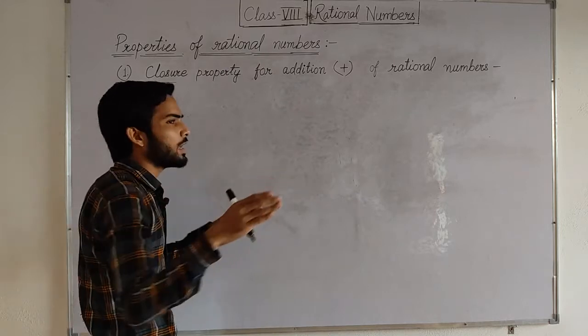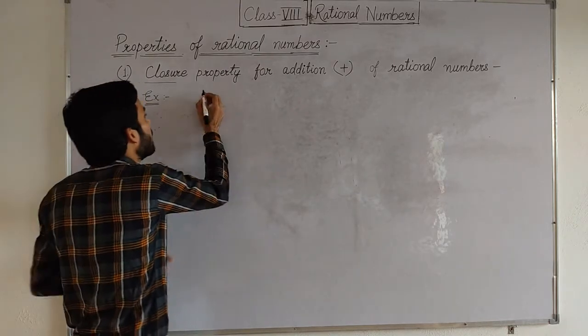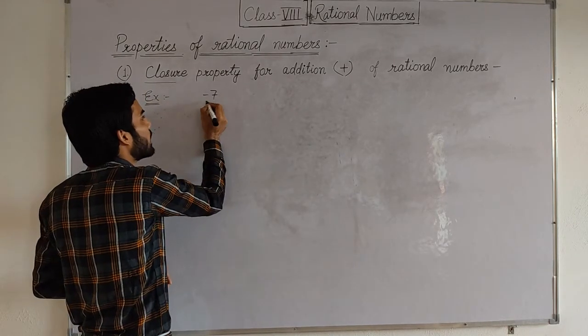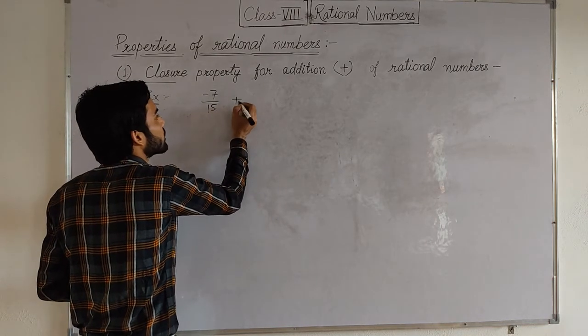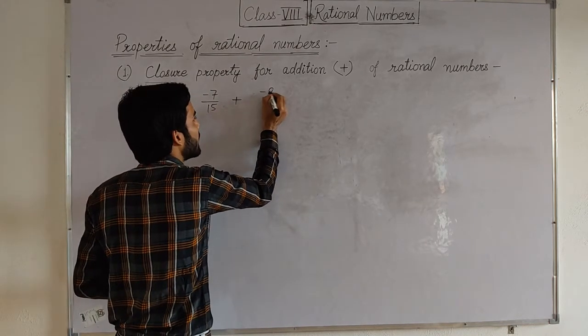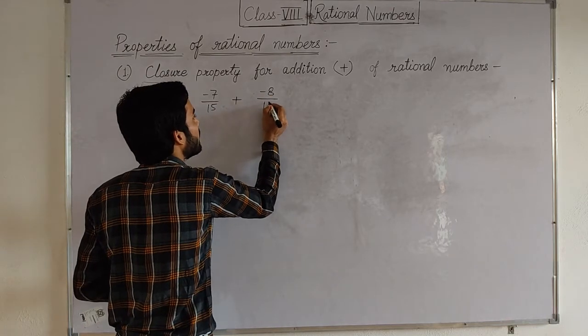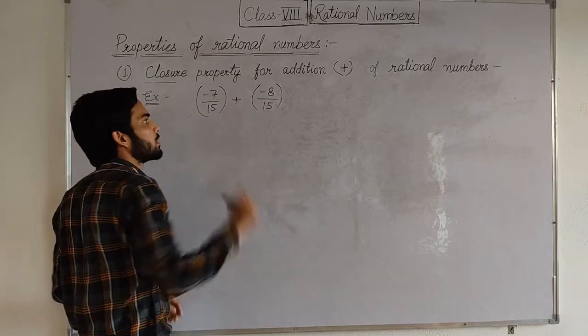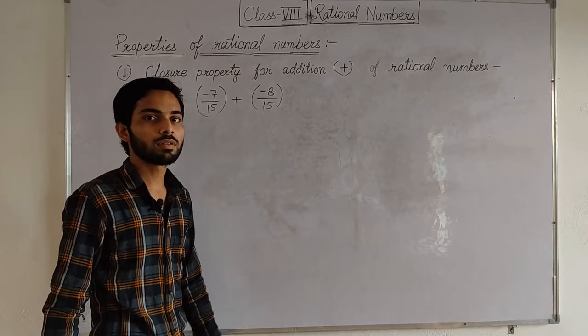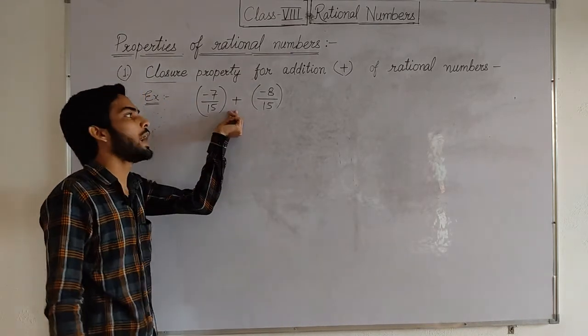My dear students, take any two rational numbers, for example minus 7 by 15 and minus 8 upon 15. These are two rational numbers and I am going to add them.